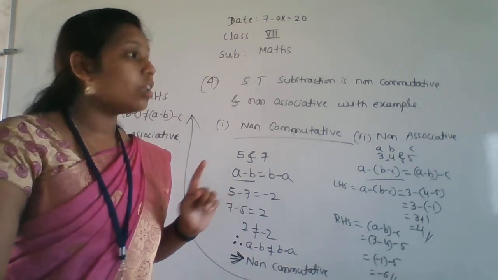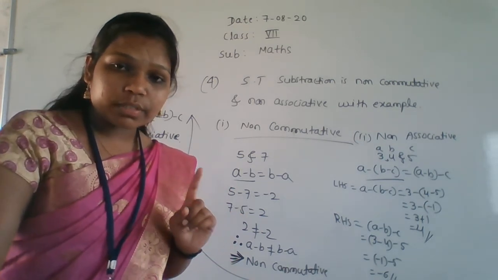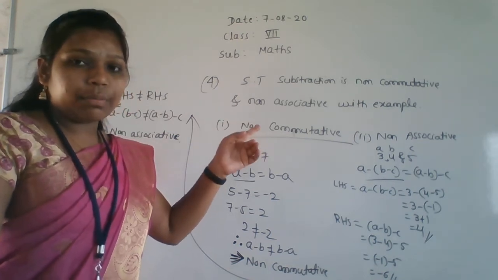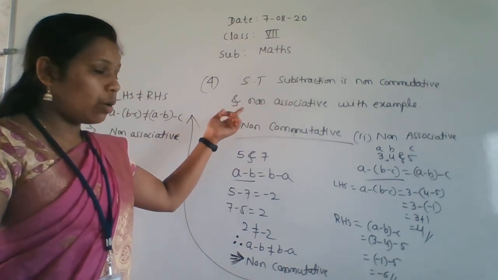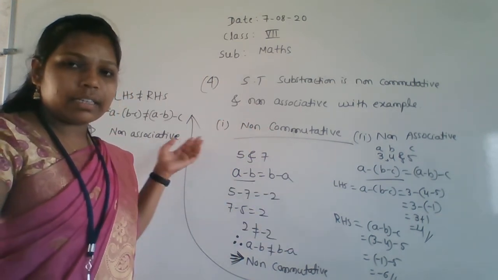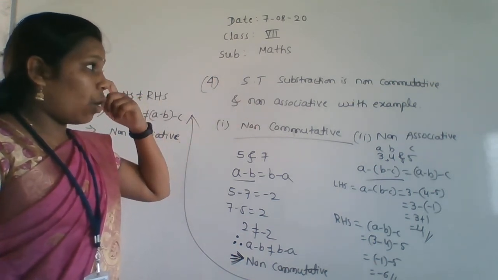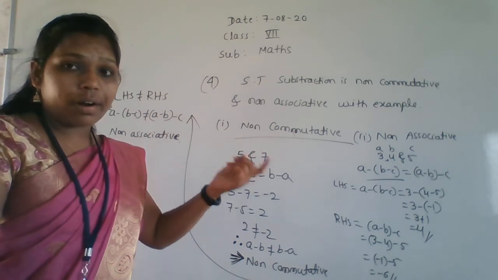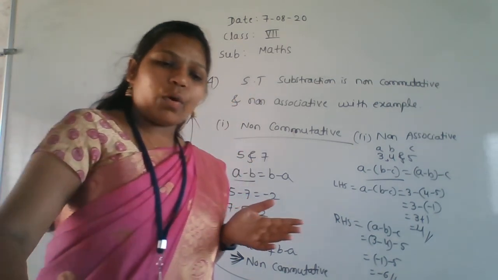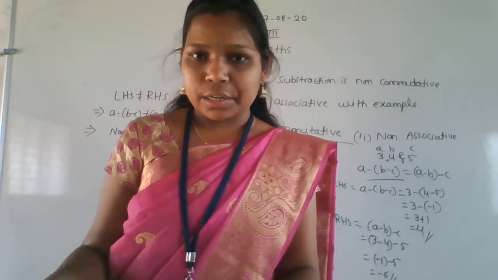Only for subtraction, because I gave an example and proved it on the board. So subtraction is non-commutative and non-associative. Non means it is not. I hope everyone has understood the concept up to 1.1 that we solved already today.